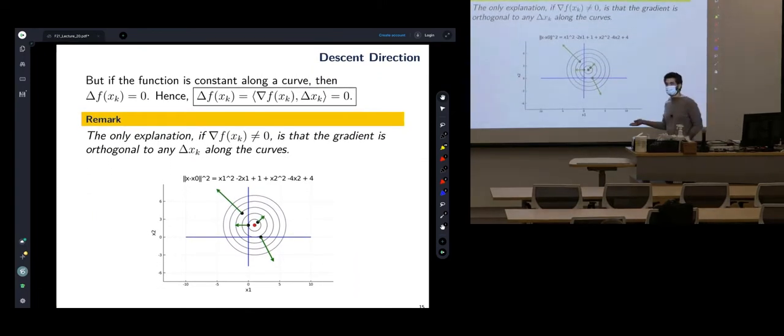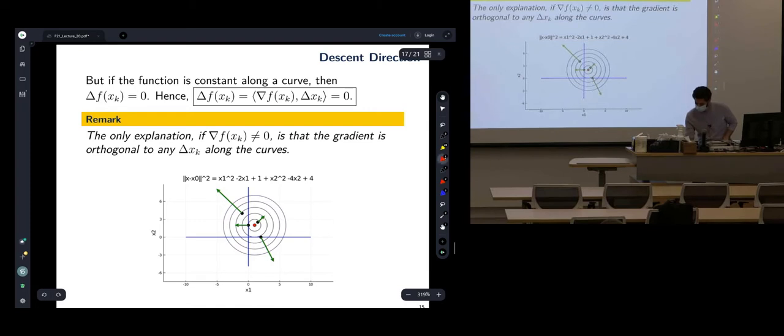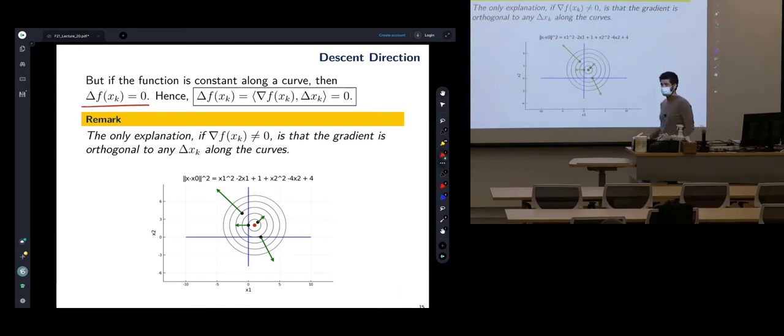But my function is constant. A delta along the curve for two points defines a vector that is tangent to that curve, and it will not change my function. In other words, the delta of my function is 0 because it's constant.